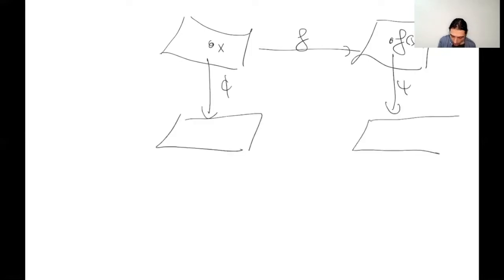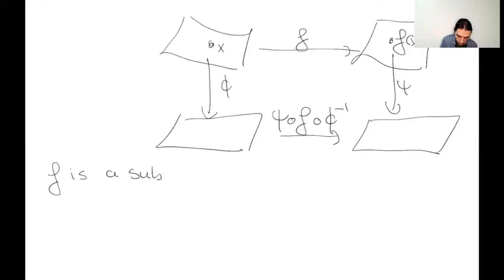Okay, here we have the local expression. And what happens is that F is a submersion at the point X if and only if the local expression is a submersion at the point phi of X.